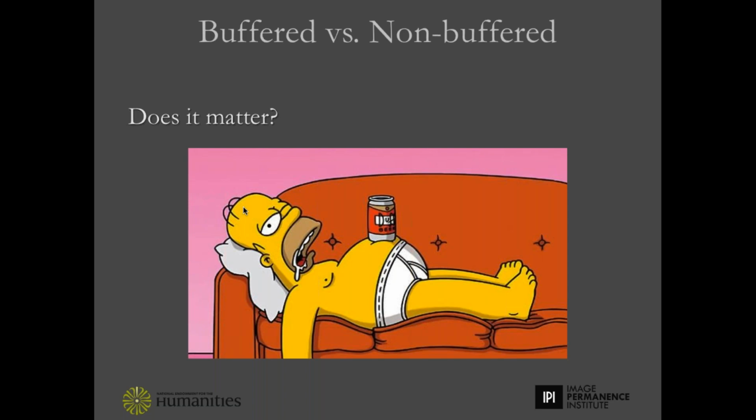The truth is that acids are usually in the form of gas, right? When we have acids that we encounter in our collection, they're usually in their gaseous state. The buffering material, calcium carbonate, is a solid that is evenly dispersed throughout the paper. That's why I have this picture of Homer Simpson here.